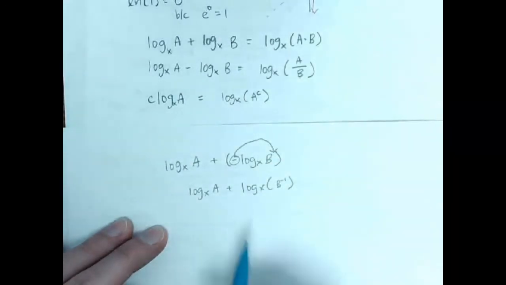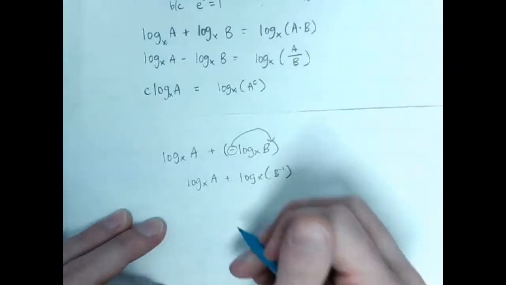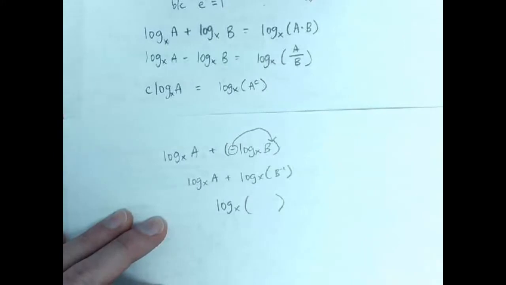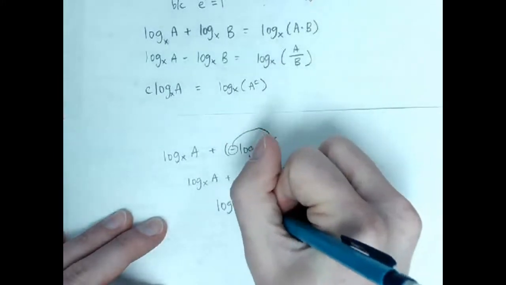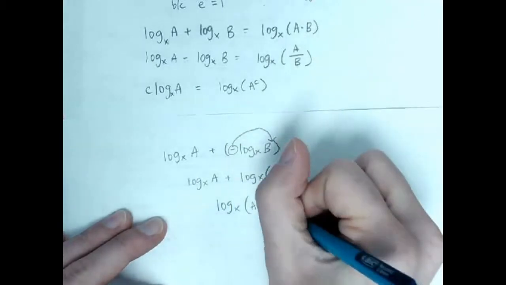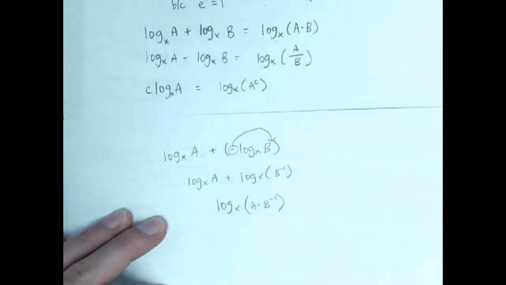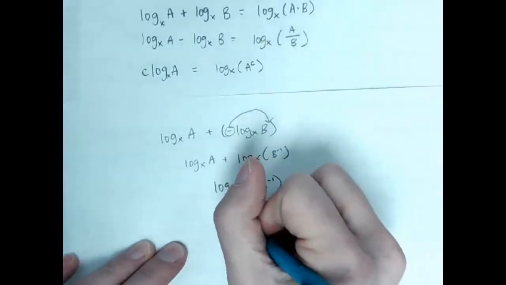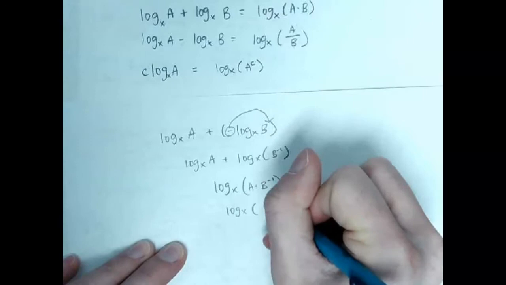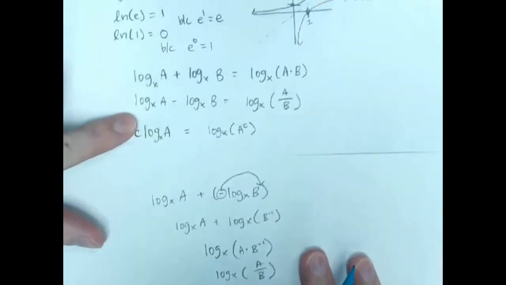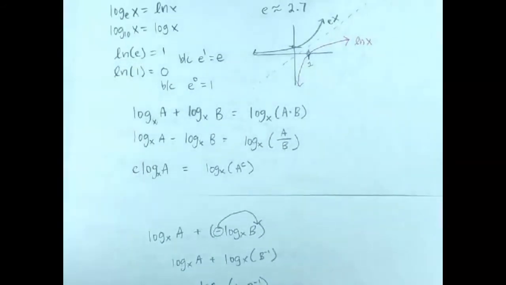And then we know if we have addition in between the two logs, I could combine them. We would have the same base. Now I'd have a times b, addition between the logs combines into multiplication. And then if you have b to the -1st power, using your exponent rules, that's the same thing as a over b, right? So really the division rule isn't new, it's just a combination of the other two rules.